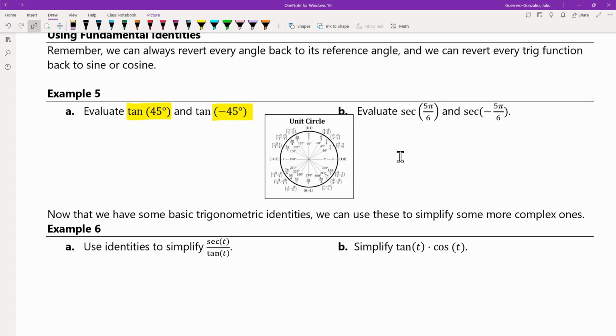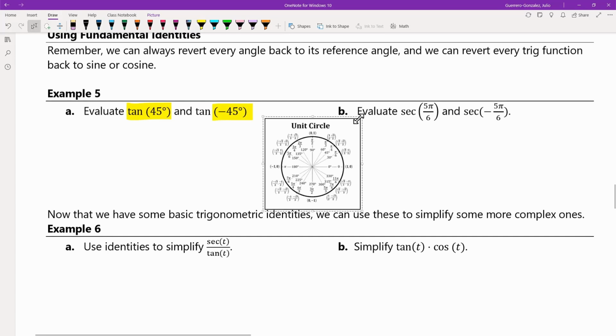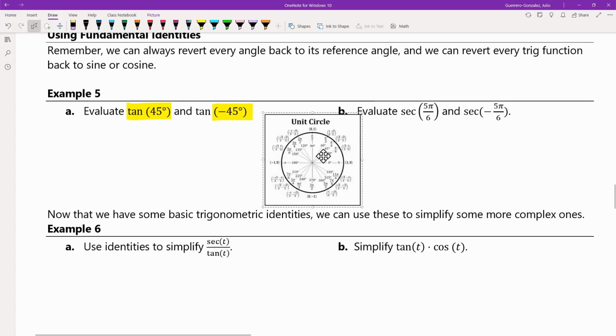Hopefully you guys see it. 45 degrees is that one. Let me actually make this bigger. There we go. 45 degrees is this one, right? So we need those two values right there.